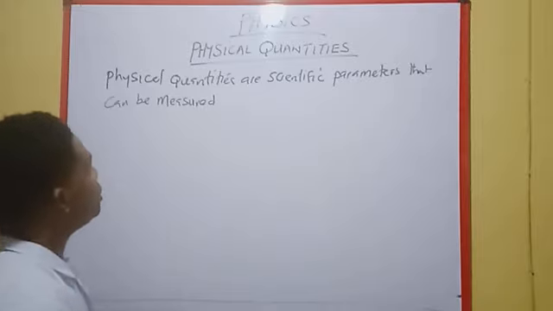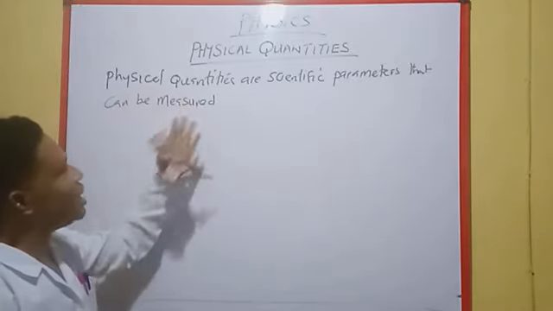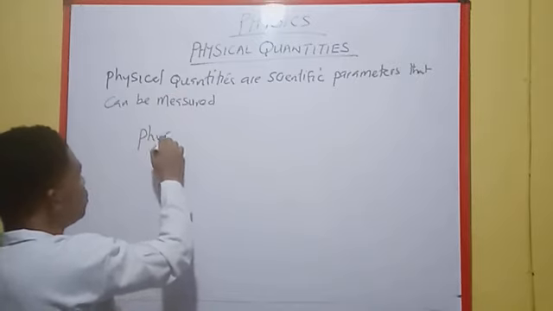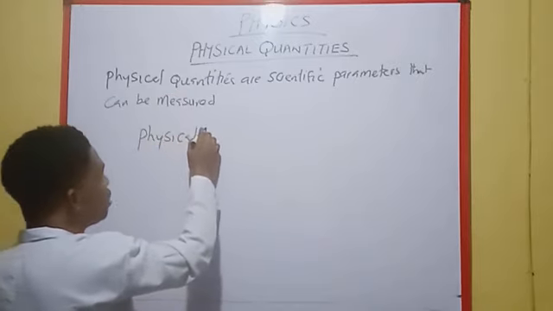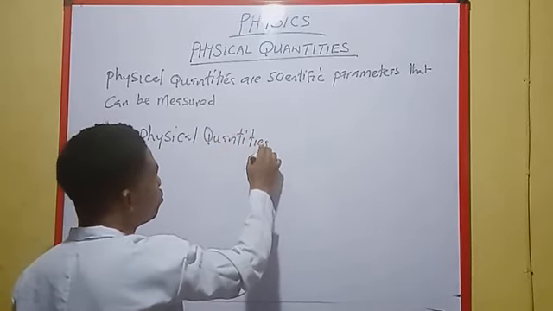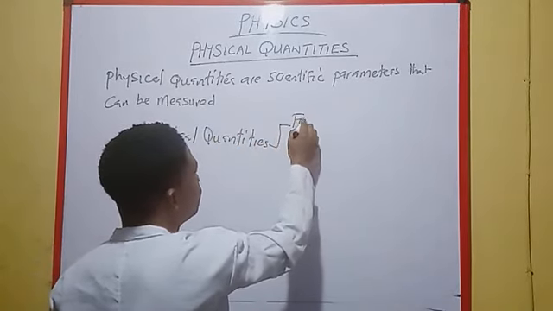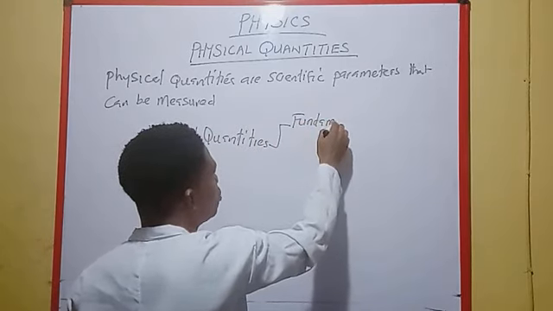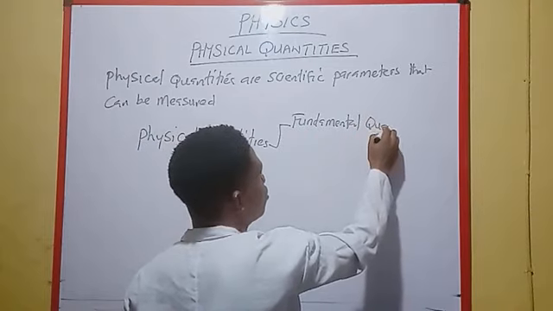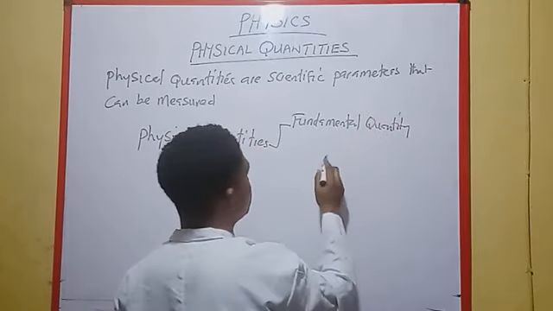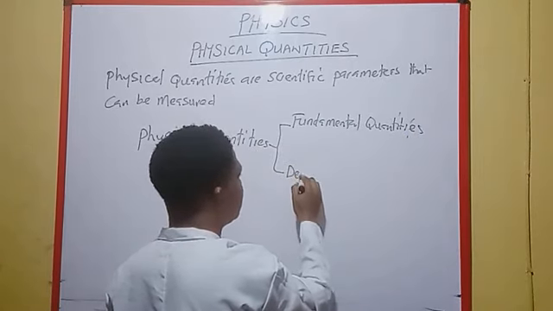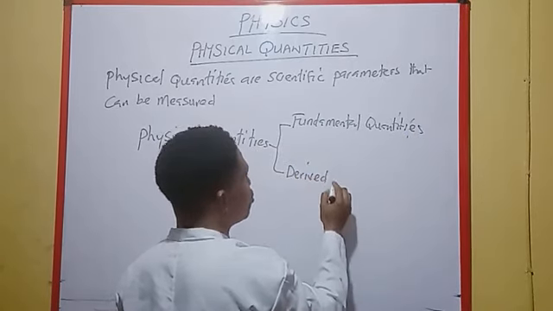Now, these physical quantities are divided into two. Number one, you have the fundamental quantities, and you have the derived quantities.